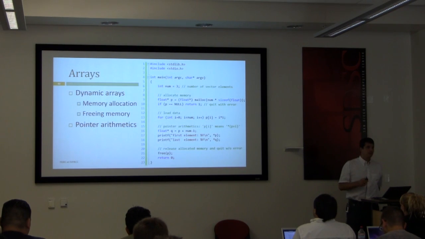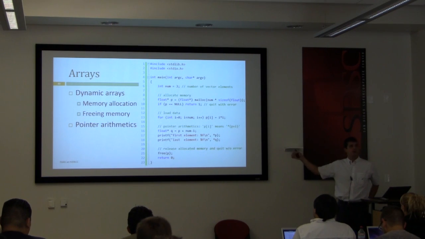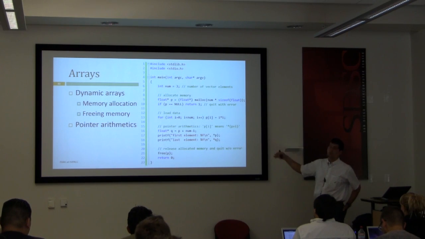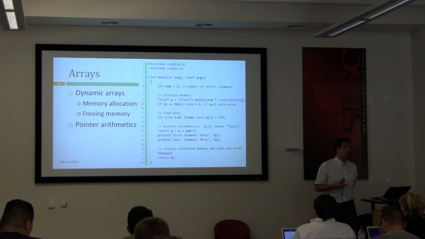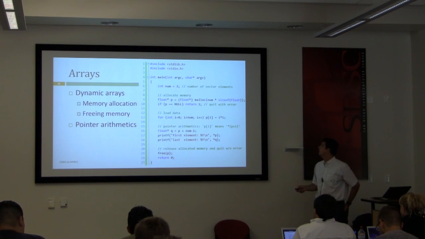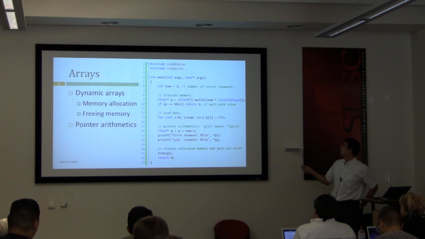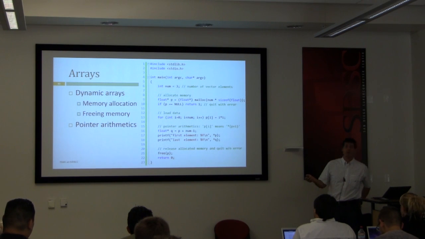All right, so arrays. Okay, it's not that you should use arrays like this. I just wanted to show you how arrays would work. So it's again an example of how you use pointers in C. Okay, so very quickly let's walk through this code. So there's just a declaration of how many elements you want in a vector.